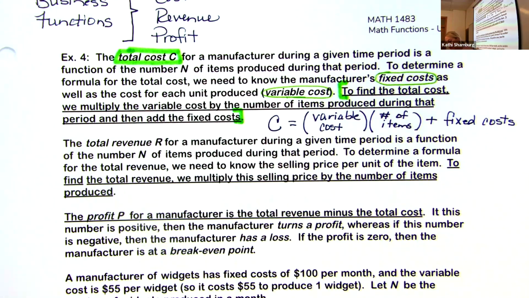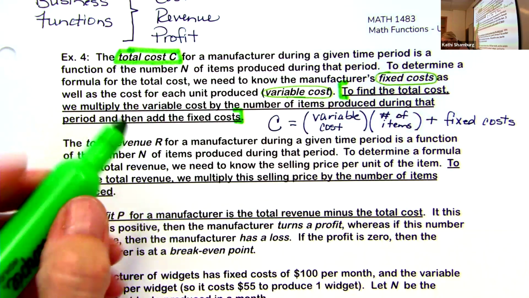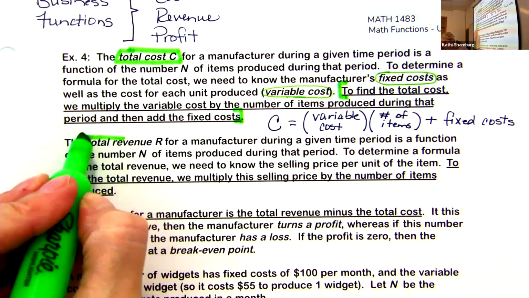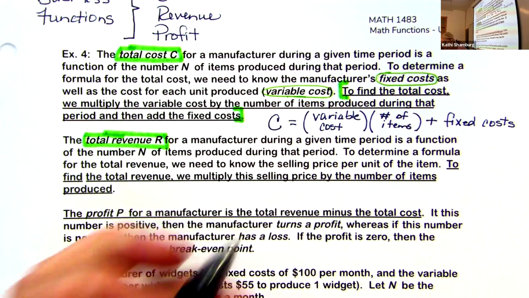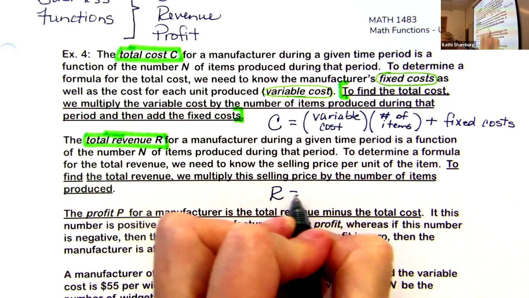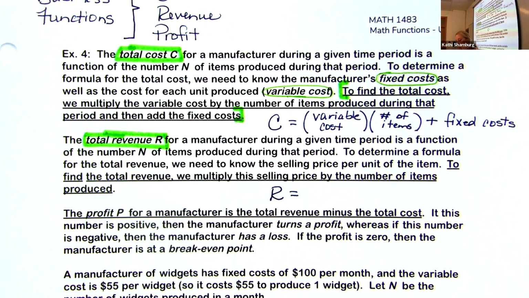All right, then we have our total revenue function, which is called R. So the total revenue R for a manufacturer during a given time period is a function of the number N of items produced during that period.